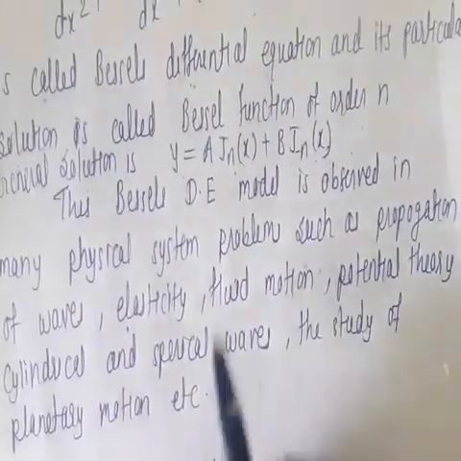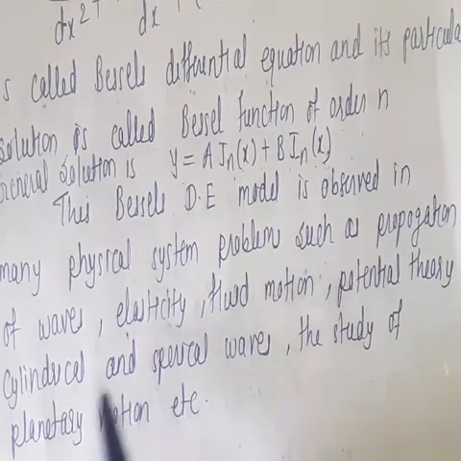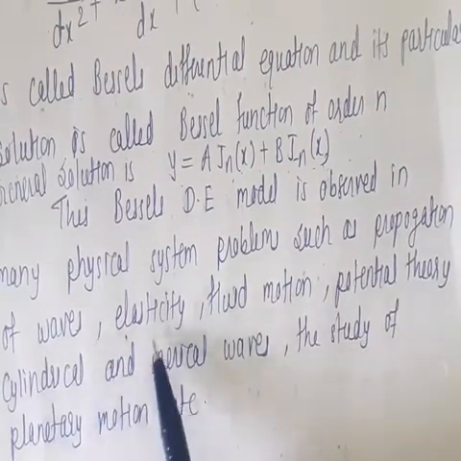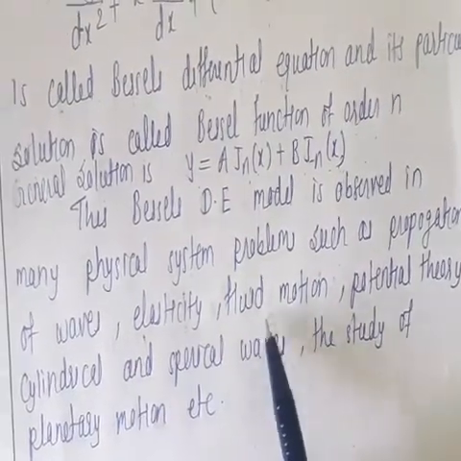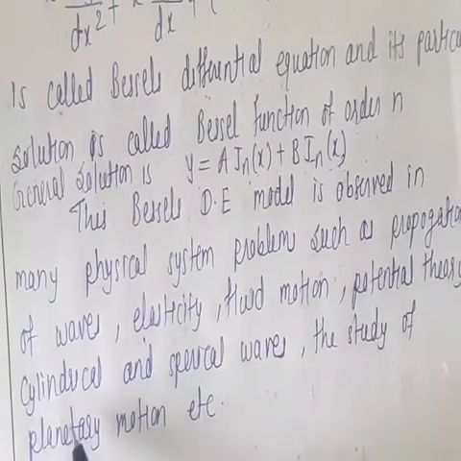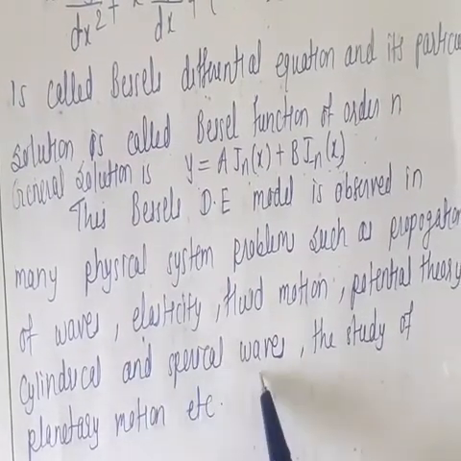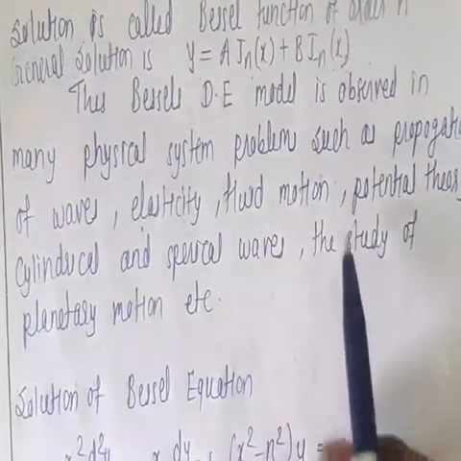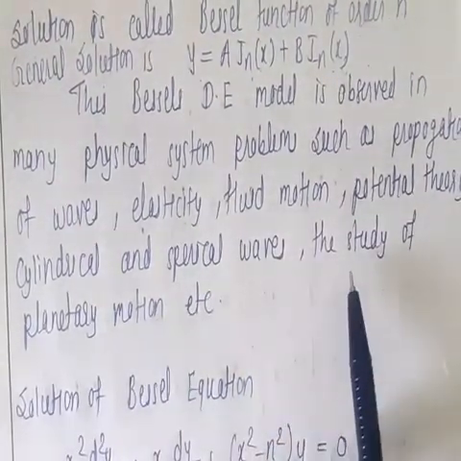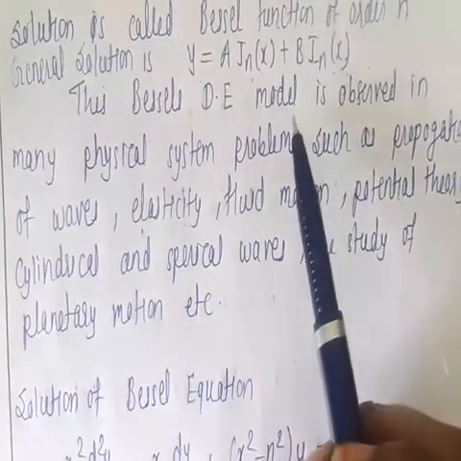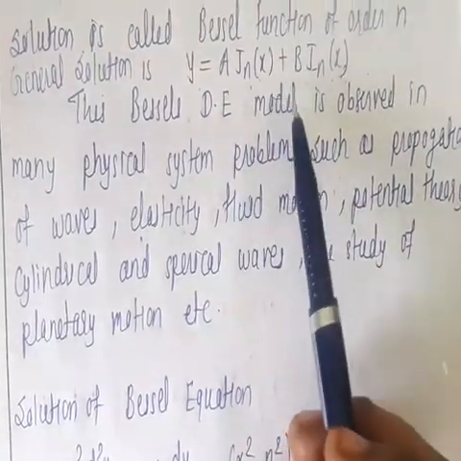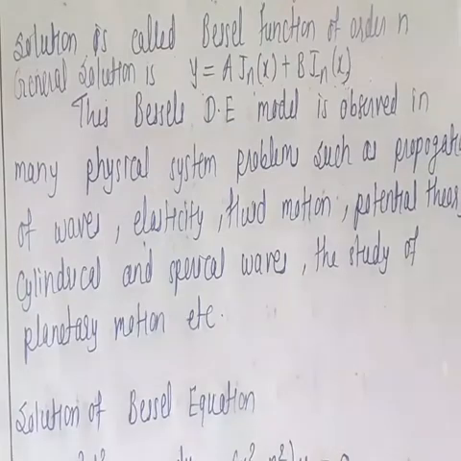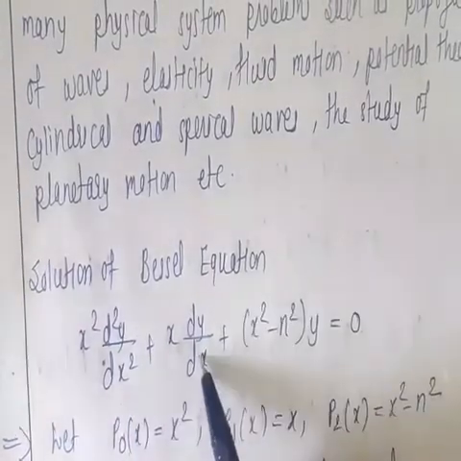This differential equation is needed in propagation of waves problems, elasticity problems, fluid motion problems, potential theory problems, cylindrical and spherical waves problems, and in the study of planetary motion. So in such physical systems we get the Bessel differential equation and its solution in the form of Bessel function.